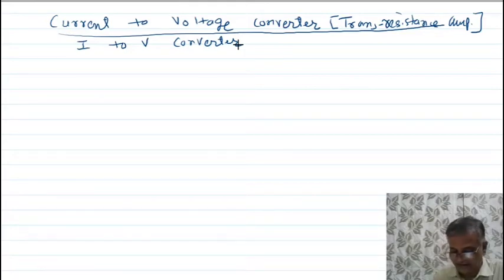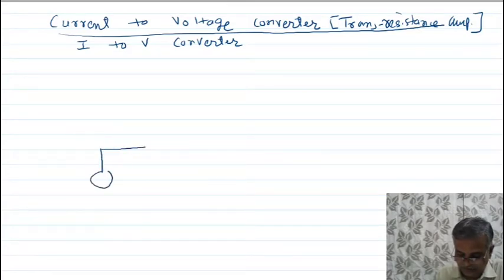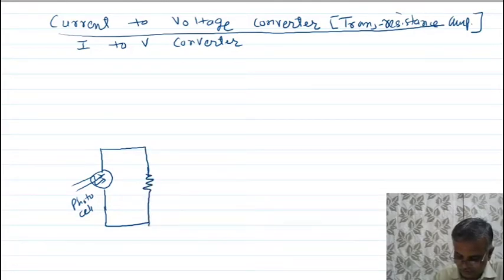So let us see the circuit diagram of a current to voltage converter. Here this is your photocell. Let me say it is a source. This resistance RS is very large, and I am giving it to the operational amplifier.